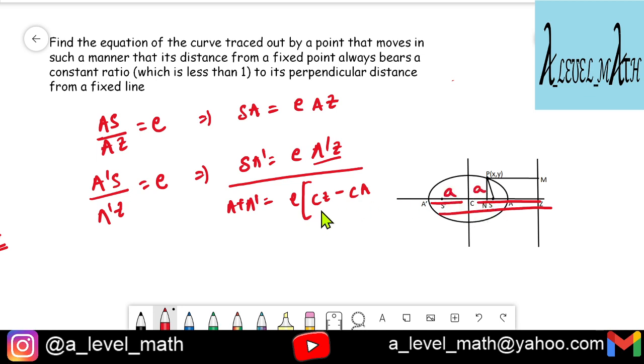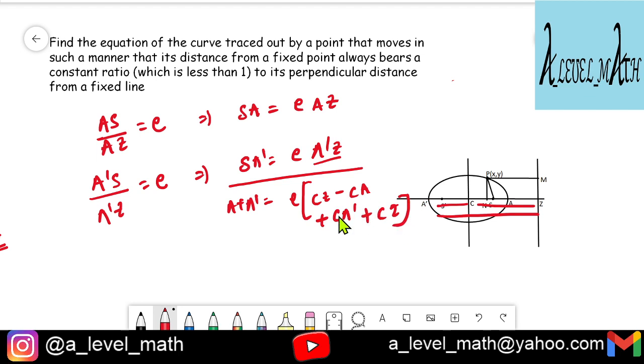So either I want to have CA somewhere in my calculation or I want to have CA dash, because both of these are known quantities to me and I want to take everything down to whatever is known to me. So again, back to where I was. A dash Z, I want to write as CA dash, because it's A units, plus CZ.